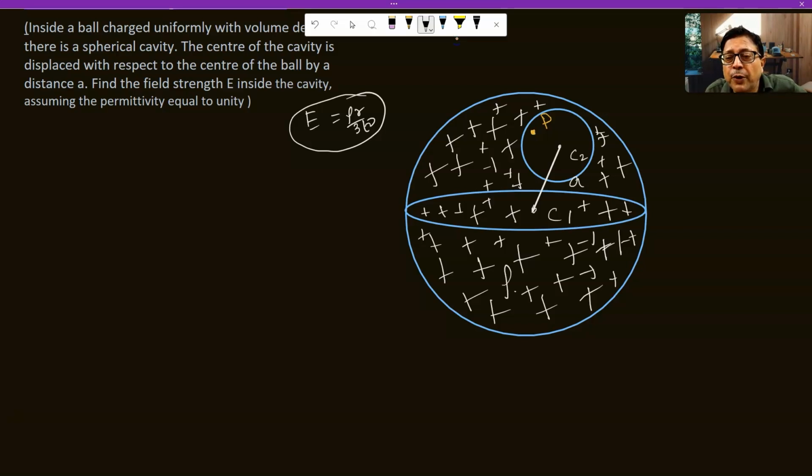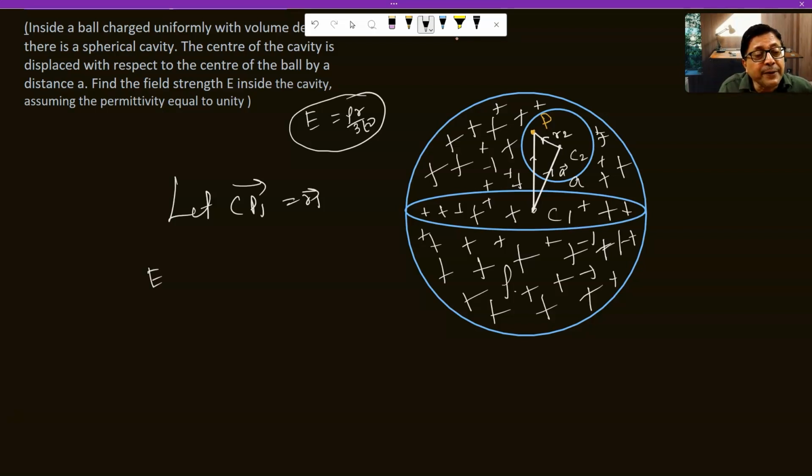This position of the point P from C1, this vector C1P equal to R1, and this vector C2P, you take this one as R2. C1C2 as vector A. Distance given is A, or we have taken it as a vector.